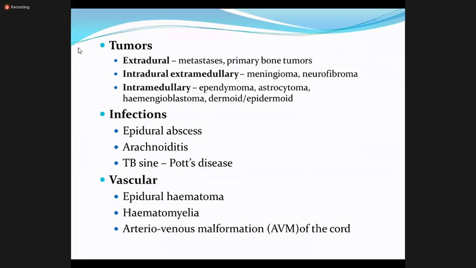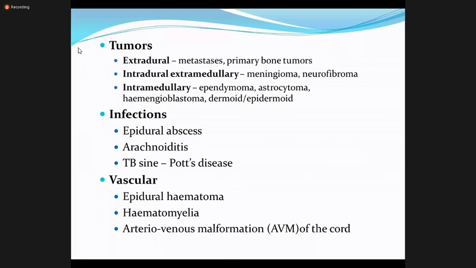In the extradural category, metastases are the most common tumors, followed by primary bone tumors, while in the intradural extramedullary category, meningioma and neurofibroma are the most common cause. While for intramedullary tumors, ependymoma, astrocytoma, hemangioblastoma, dermoid, epidermoid, lipoma, these are the common types of tumors that belong to this category.